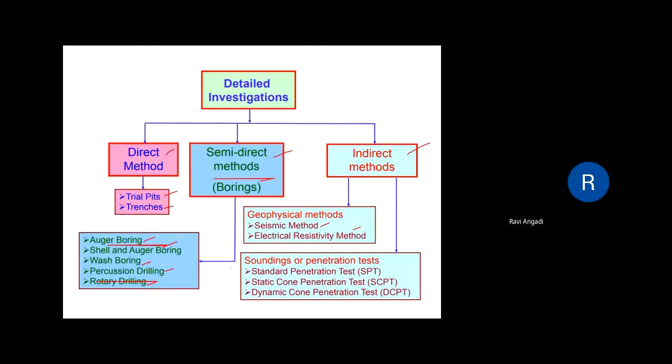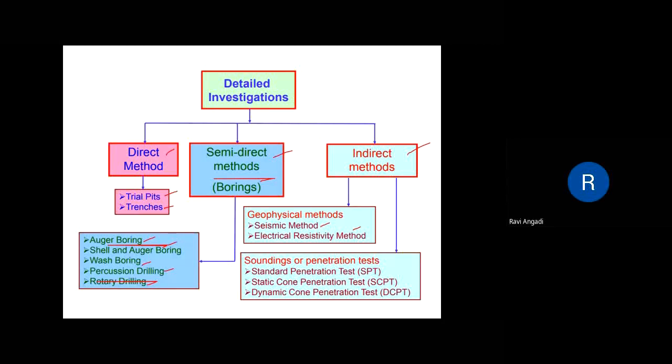Next, coming to the indirect methods, where you require more information and you don't want to disturb the soil strata. In the semi-direct or direct methods, you are making a hole inside the soil and getting the information, but without making any holes, directly you are getting the information about the strata. That is what we call indirect methods.